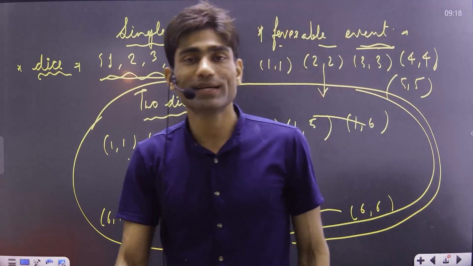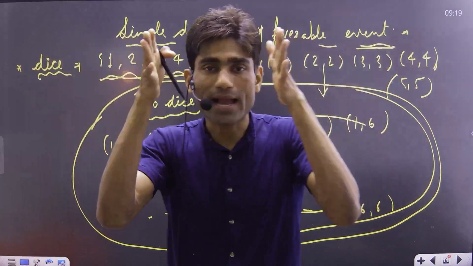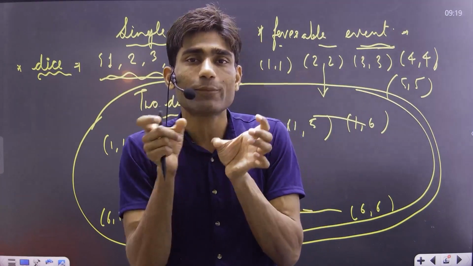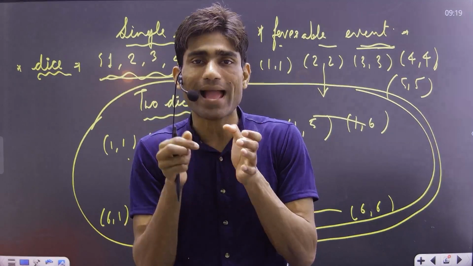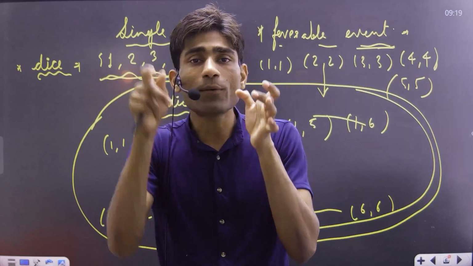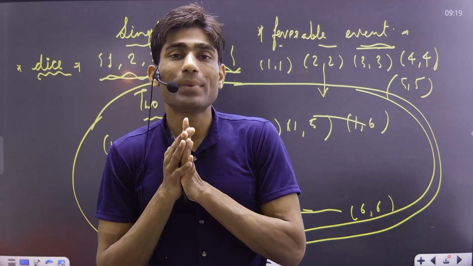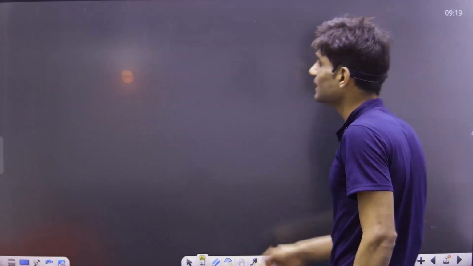This one is considered the favorable event. Now I want the probability for that favorable event. I will define the probability of a favorable event as the number of favorable events divided by the complete sample space.